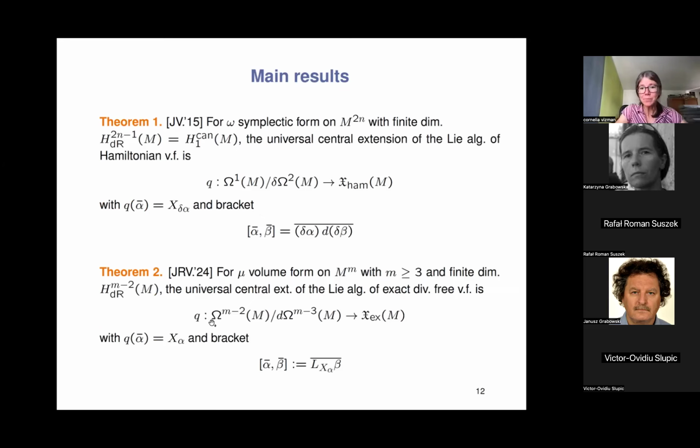Here we have these m-2 forms, so we could not apply Petri's theorem directly, but we could apply it for omega m-2.